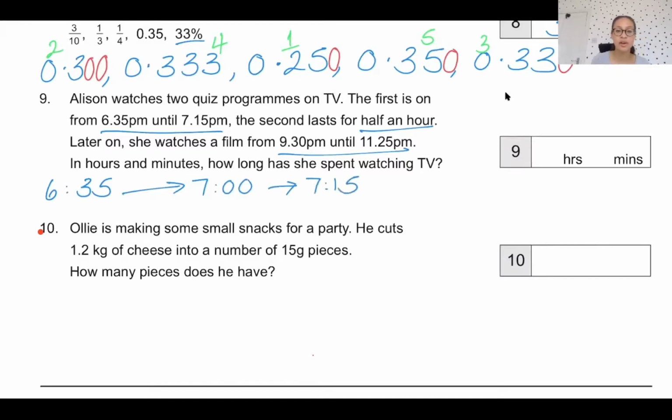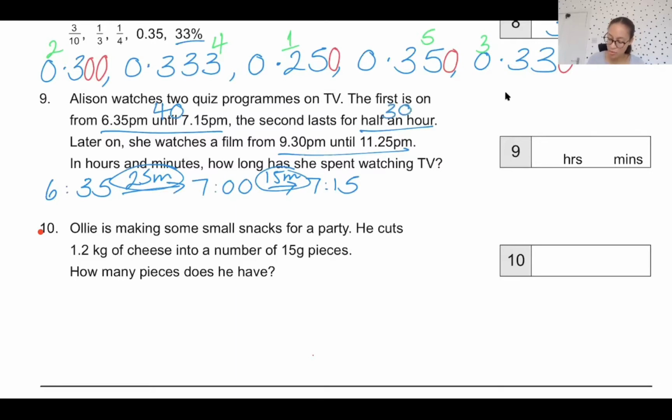So 6:35 to 7 p.m. is 25 minutes. And then 7 to 7:15 is 15 minutes. So that first program lasts 25 minutes plus 15 minutes, which is 40 minutes. Right, 40 there, so I can keep track of each. Second one, half an hour, that's 30 minutes.